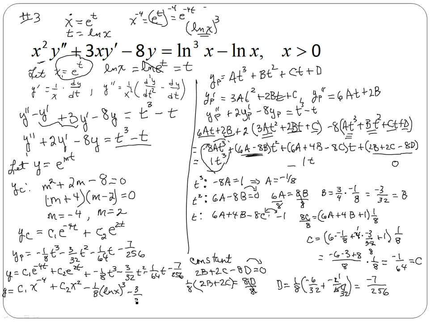Minus 3 over 32, t squared could be written as natural log x squared or natural log squared x. So minus 1/64 t, which is the natural log of x, minus 7 over 256. This should be the solution.